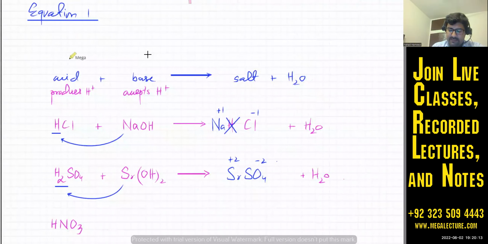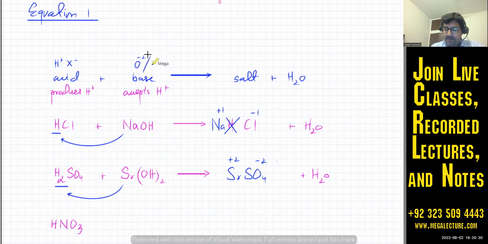What's an acid? It's H plus 1 combined with any negative ion. That's what an acid is. An acid just has an H plus 1 in it. What is a base? A base is oxygen with a charge of -2, or it might be OH with a charge of -1. So these are your bases, oxides and hydroxides.